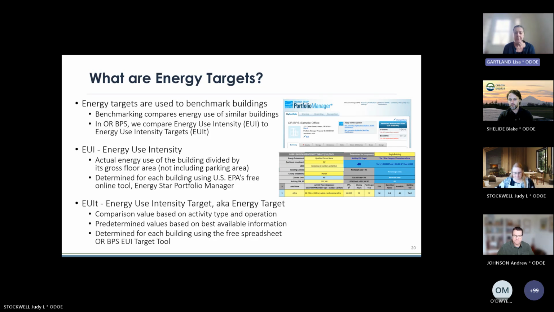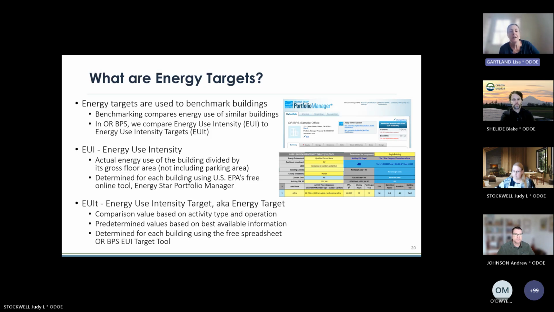But for now, I just want you to understand energy use intensity is your energy use divided by your building's square footage. The energy use intensity target, or the energy target, is this comparison value, and it's based on the activity type of your building and how you operate your building. So these are predetermined values that we set, and we did that based on the best available information we could find about building energy use in Oregon and in the Northwest and across the US.